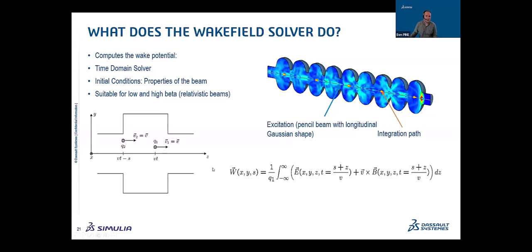And what it's calculating, effectively, is if you have one particle at the front of the bunch, what is the effect of the fields of that particle on a particle further back? And analytically, what you're really solving is the Lorentz force equation, and you're integrating it over the length of the bunch for the charge. This is an extremely difficult equation to solve analytically, and it's much better suited to being solved numerically.